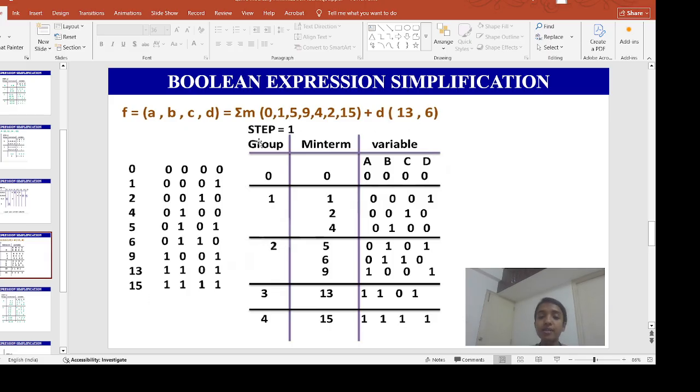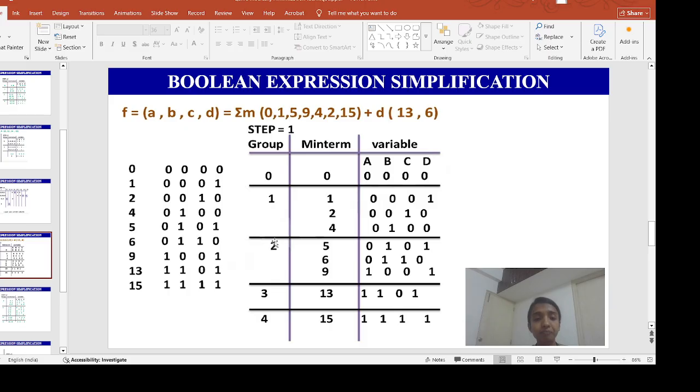Step 1, what was there? We have to make a table, grouping min terms by variable. First we have to identify the group that doesn't have any one, which obviously should be 0, 0, 0, 0. Then the groups having the number of ones equal to 1: 1, 2 and 4, these groups have only one 1.